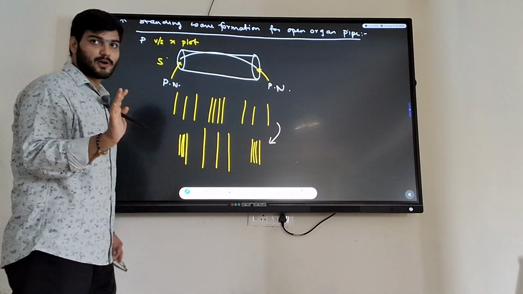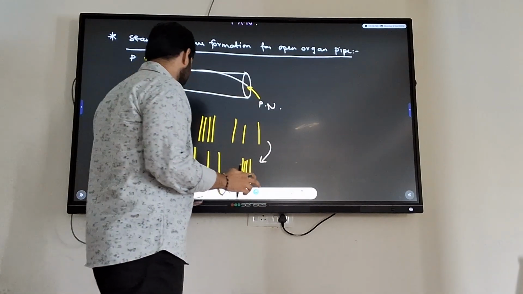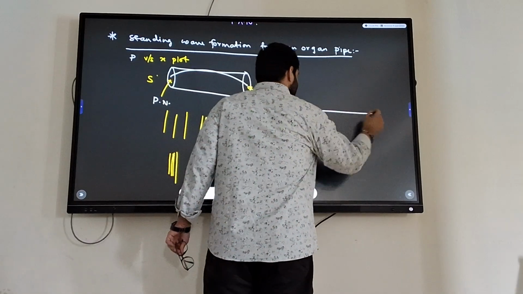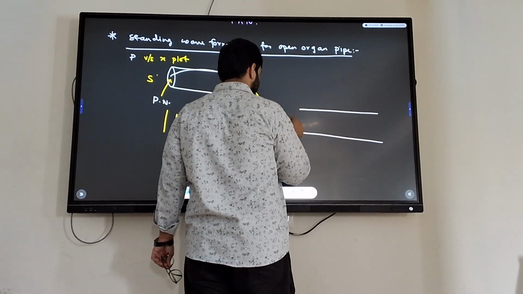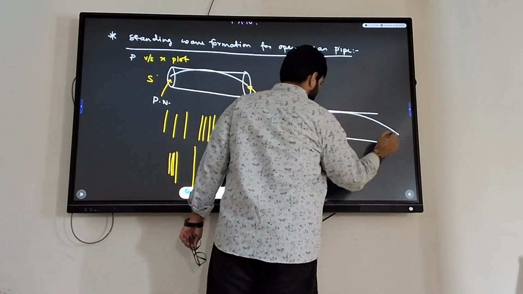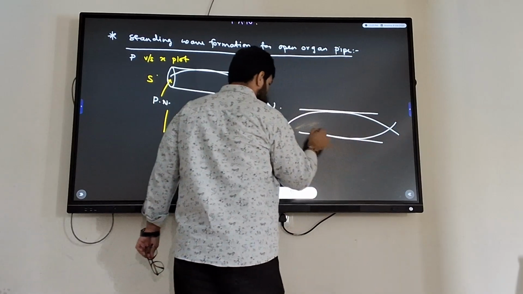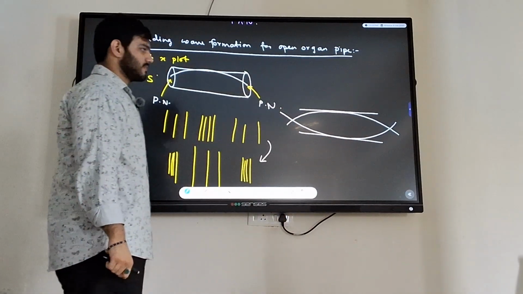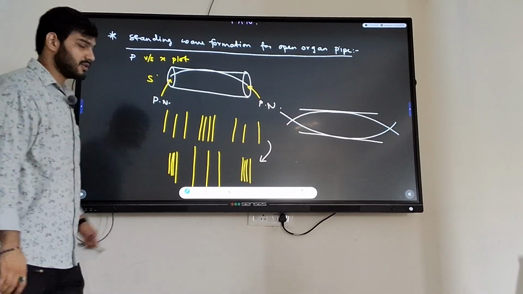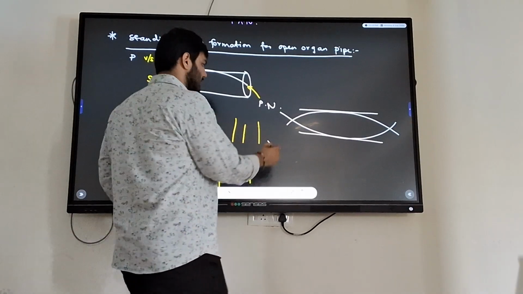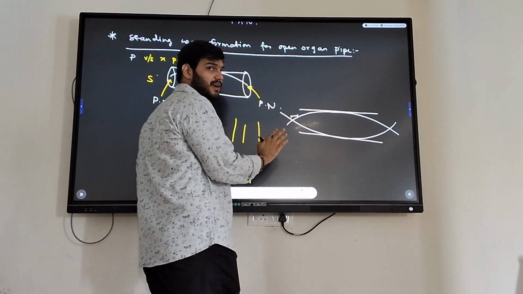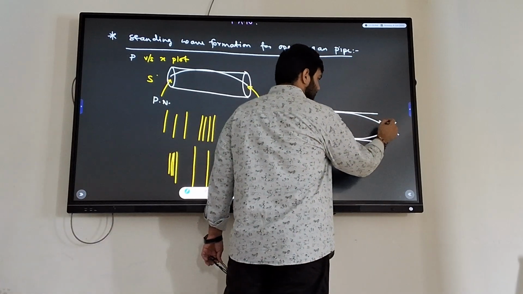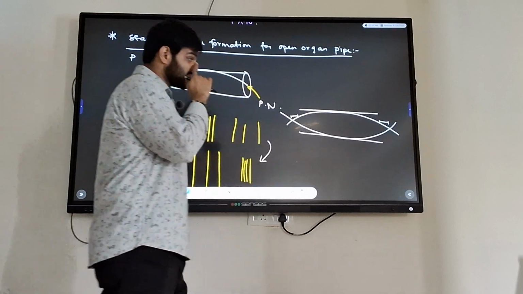Look, the actual plot is something like this. If you are finding it a little difficult, the actual plot will come like this. I am telling you. Look, this is the actual plot where I have made the nodes a little outside, and I will tell you about it when I talk about end correction, but the nodes are a little outside, and this is what happens.